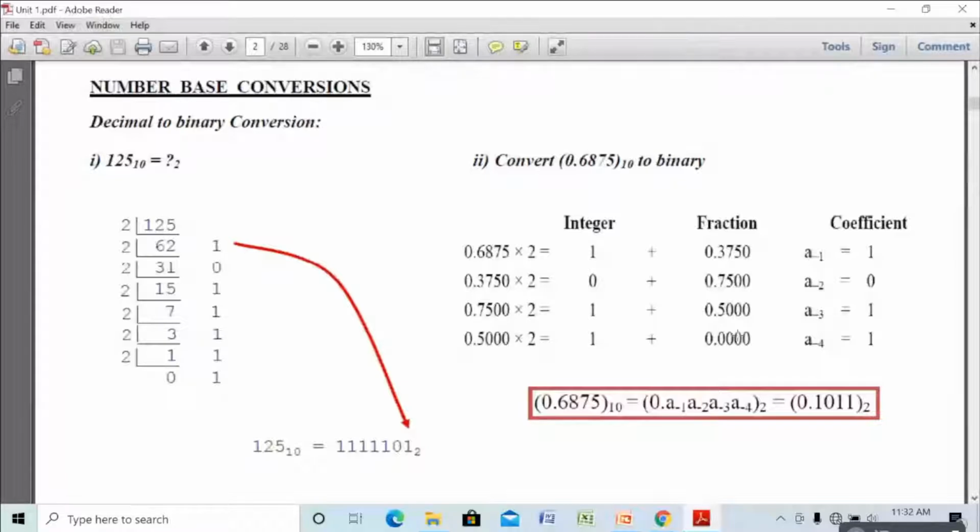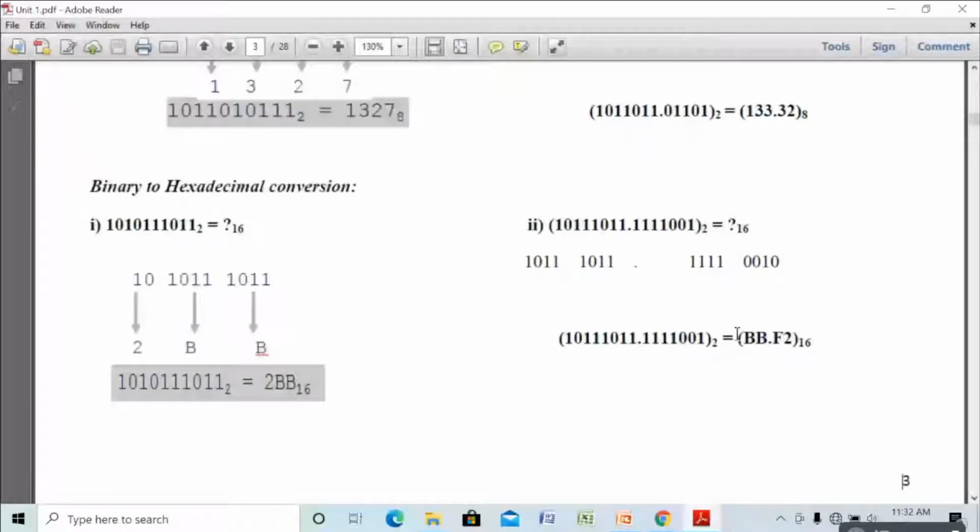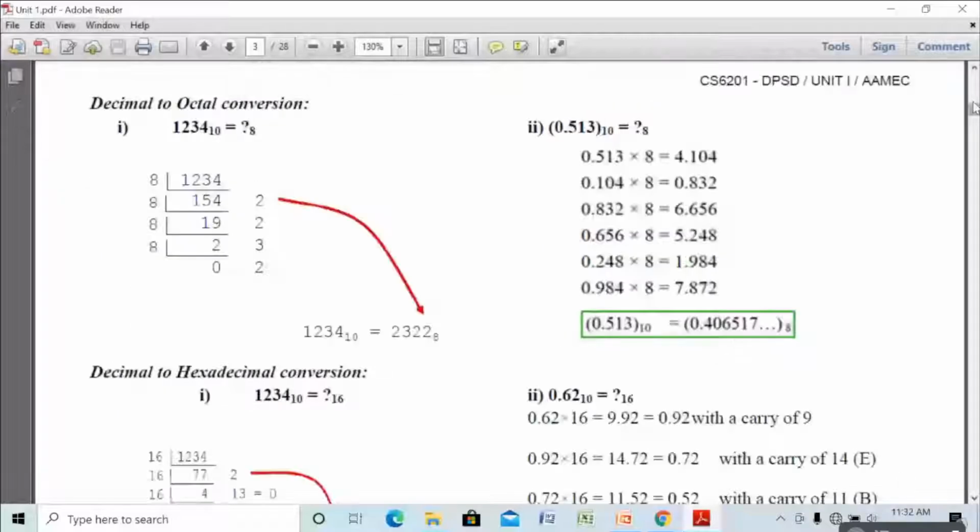We'll go to the next conversion. Next one is decimal to octal conversion.